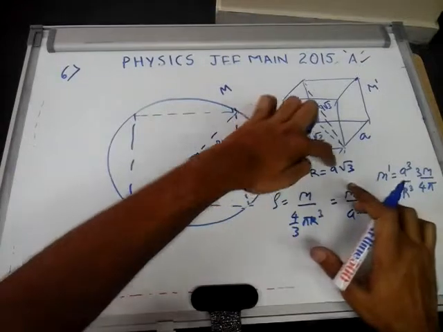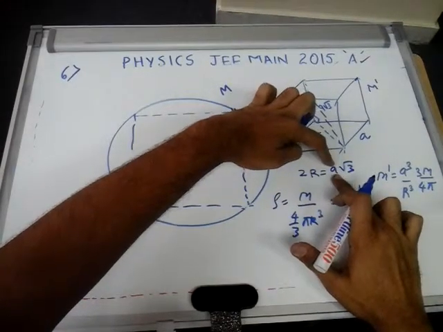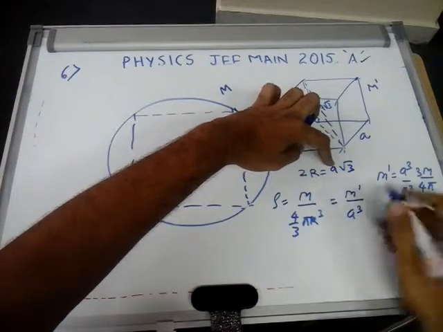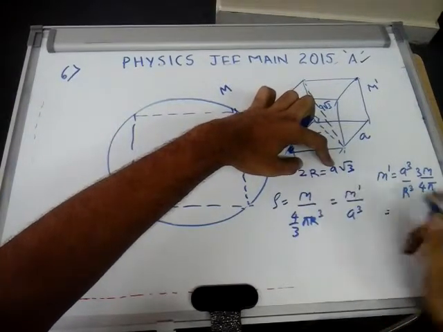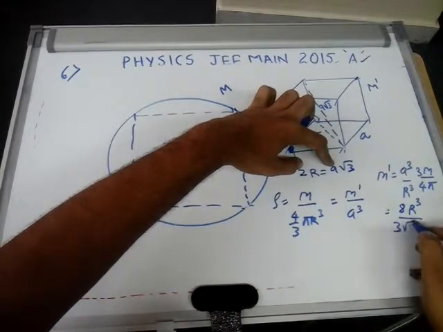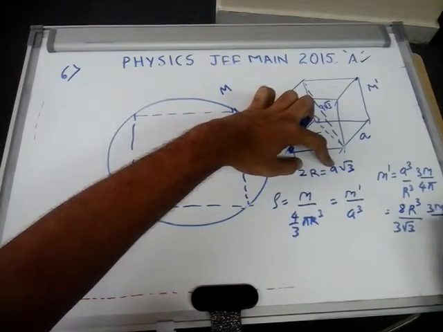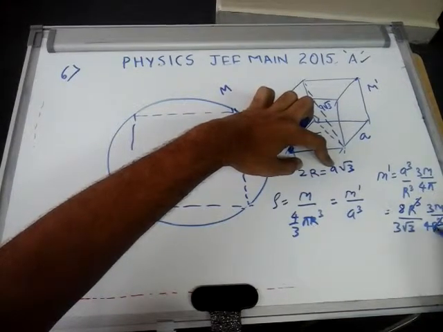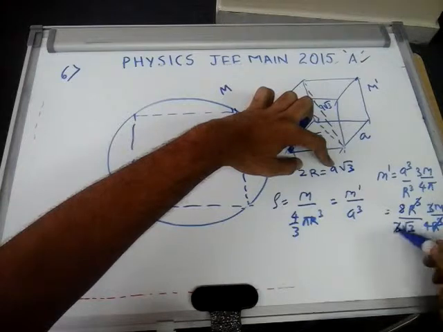If we replace a in terms of r, a cube will be 8r cube by 3 root 3, and this is 3m by 4r cube pi. So r cube is cancelled, 3 cancelled.